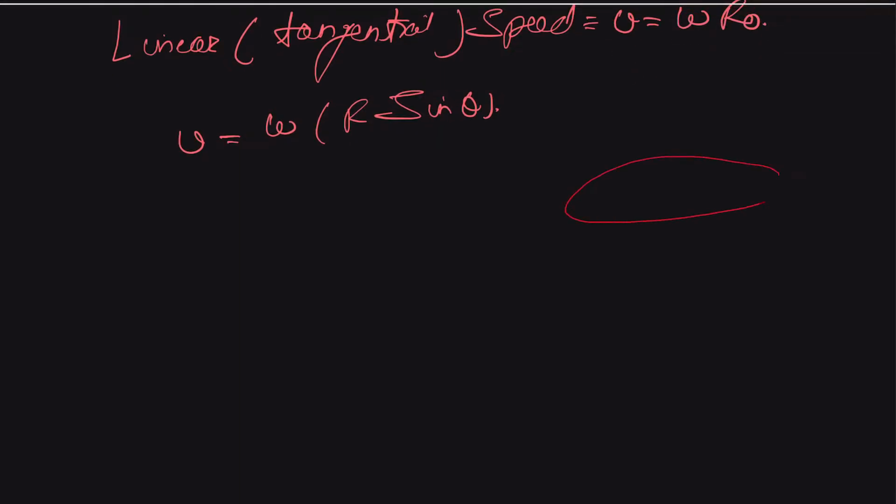So this is like a small circular loop which is having a charge dq, and it is moving around the z-axis with the linear speed of our v.